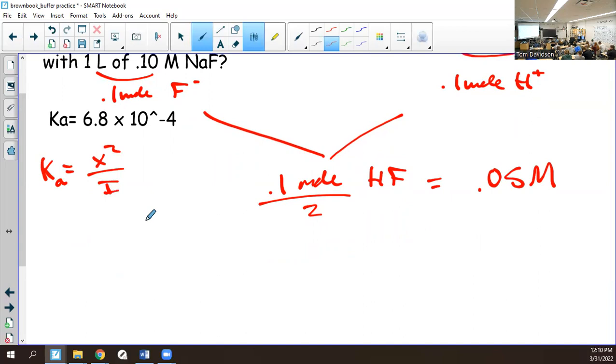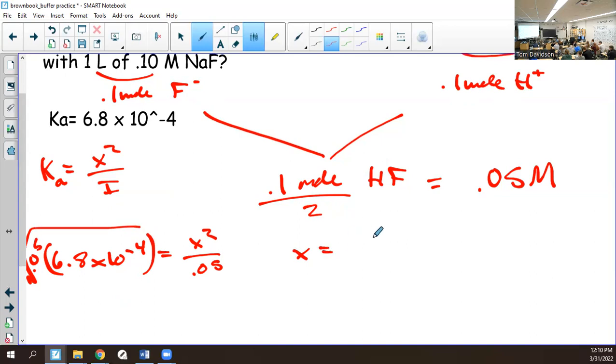And x will eventually be my concentration of hydronium, which I can then take the negative log of. So I have Ka 6.8 times 10 to the negative 4 is equal to x squared over 0.05. Then I'm going to multiply both by 0.05 and take the square root.